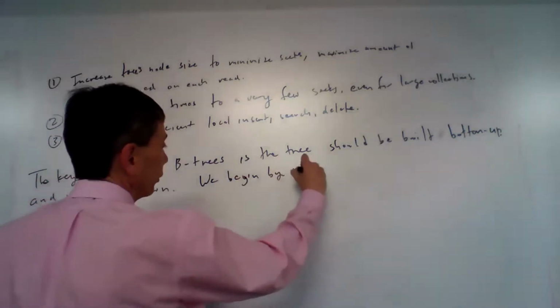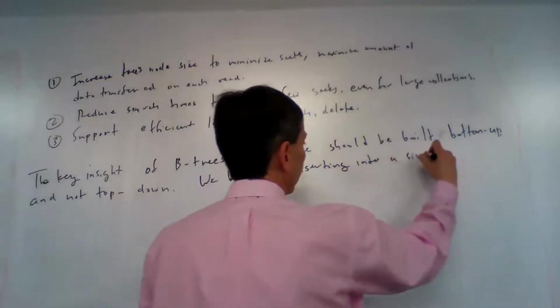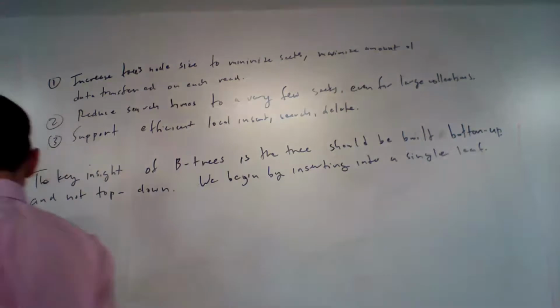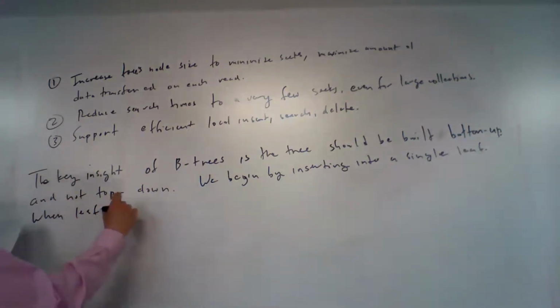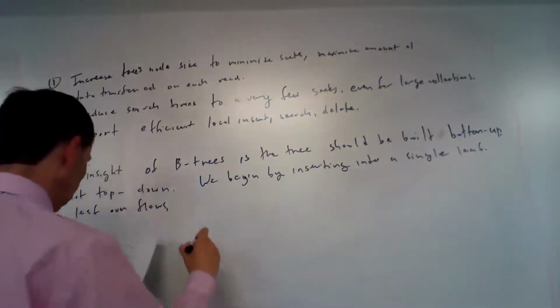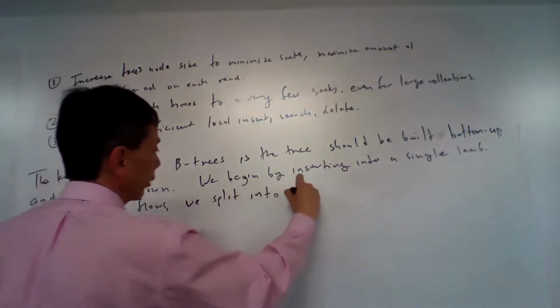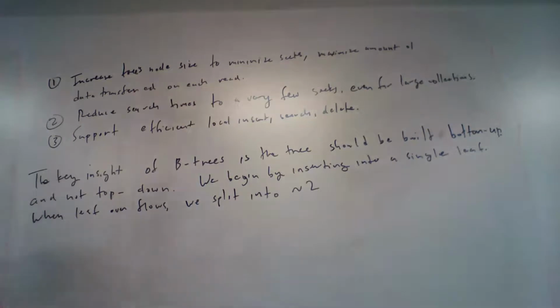So we begin by inserting into a single leaf, which is also the root, all right? When the leaf overflows, we split into approximately two approximately half full leaves.